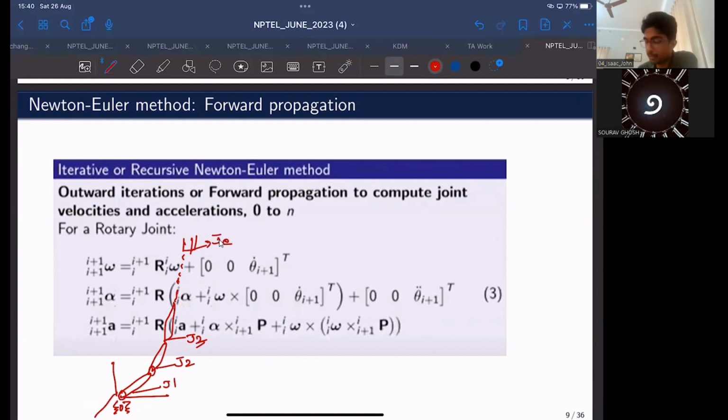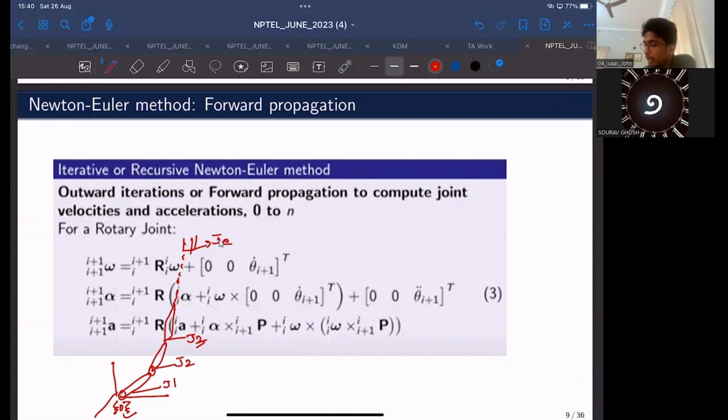The velocity of the ground frame is mostly going to be 0 in the case of a fixed manipulator, and if all the links are revolute pairs, we are given the angular velocities of all these revolute joints.